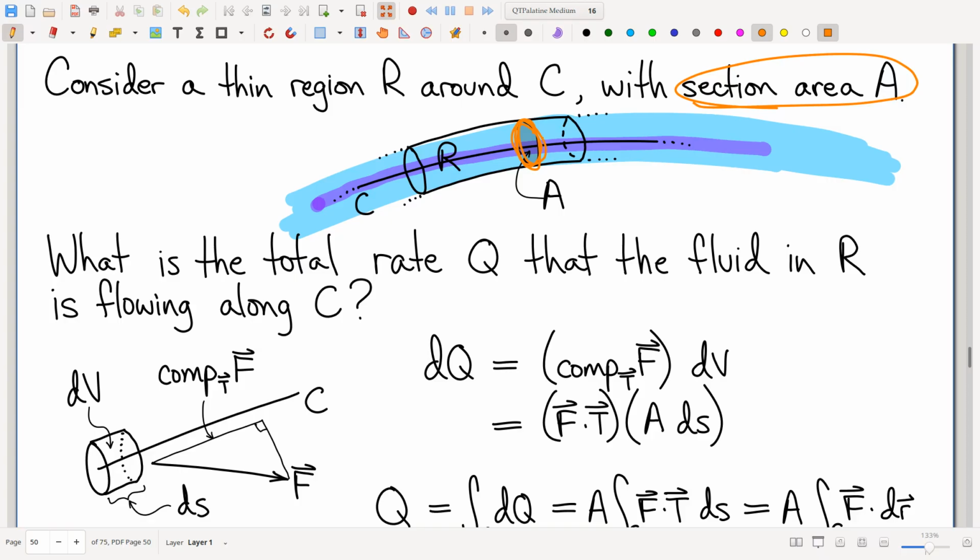It's not actually a tube, but it's shaped like a tube. Right? And that's the fluid that I want to talk about. That's what we have in blue. And the question is, to what extent, whatever that means, is that fluid flowing along the curve?